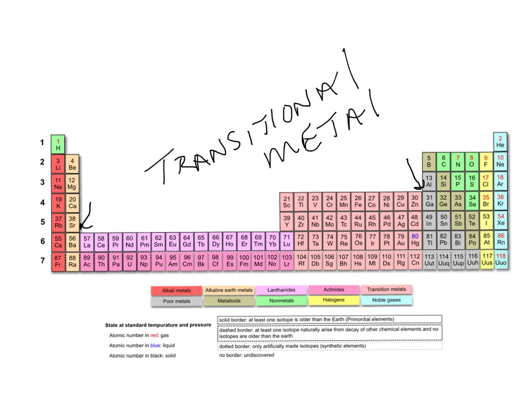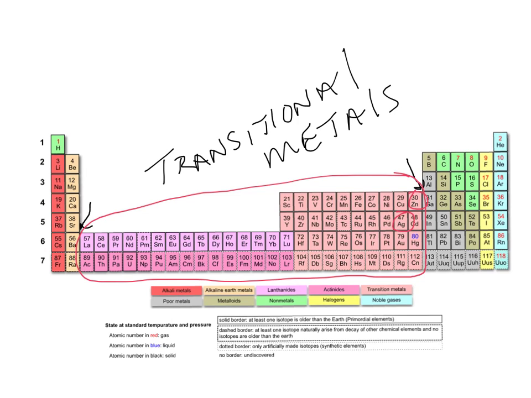And if we remember from class talking about transitional metals, this entire area here, we cannot determine what the charge is usually. There are some that are the same charge all the time. One of those would be like zinc or silver.